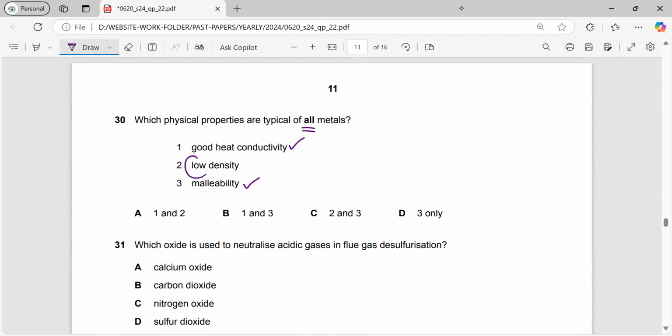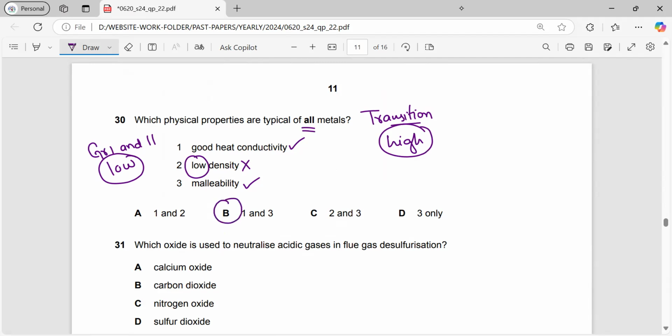But not all metals have low density. Some metals have low density, like group 1 and group 2. But transition metals are hard and have high density. So the answer is 1 and 3. Option B is correct.